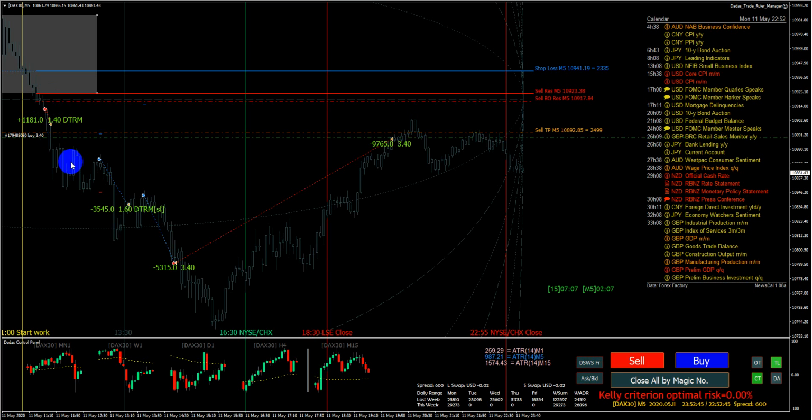But people keep telling me that I'm too impatient, that I close my trades too early, things like that. And basically the market right there continued down.